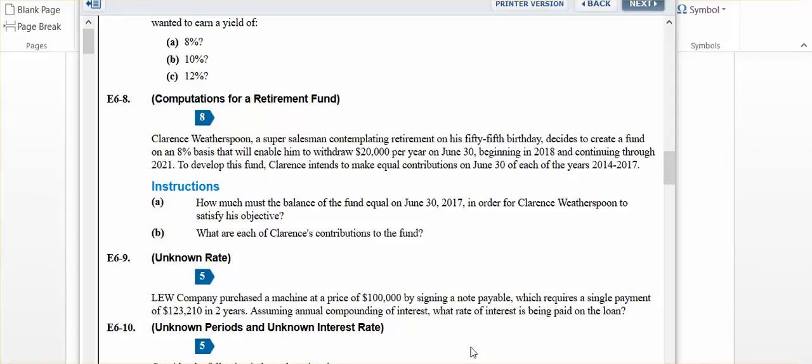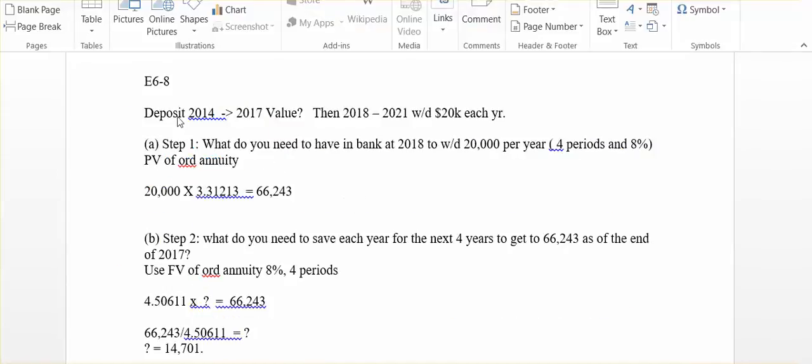So let's look at this. What we're going to do again is we're going to deposit from 2014 to 2017 for 4 years an amount of value that we're not sure about. Then from 2018 to 2021 we're going to draw $20,000 a year. So we need to know at this point how much money do we need to be able to withdraw $20,000 a year for 4 years.